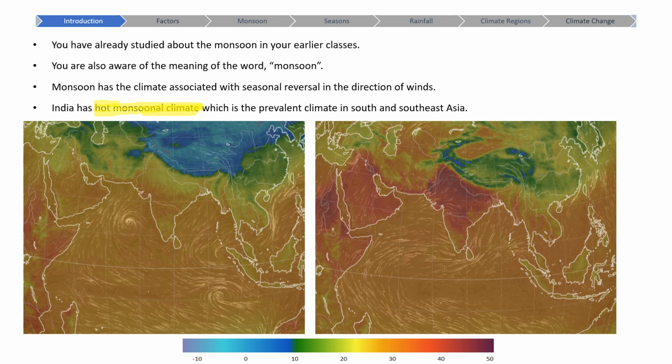So India has a hot monsoon climate. This is monsoon. You know what happened? Monsoon is what? Monsoon is the seasonal reversal in the direction of the winds. So these winds change the direction.